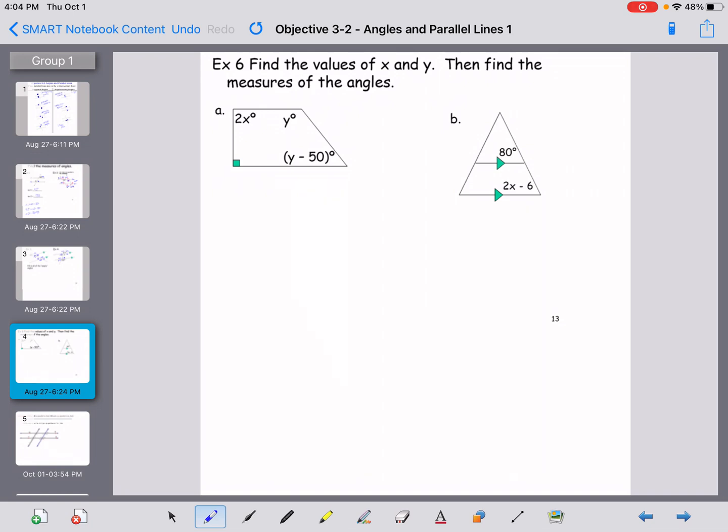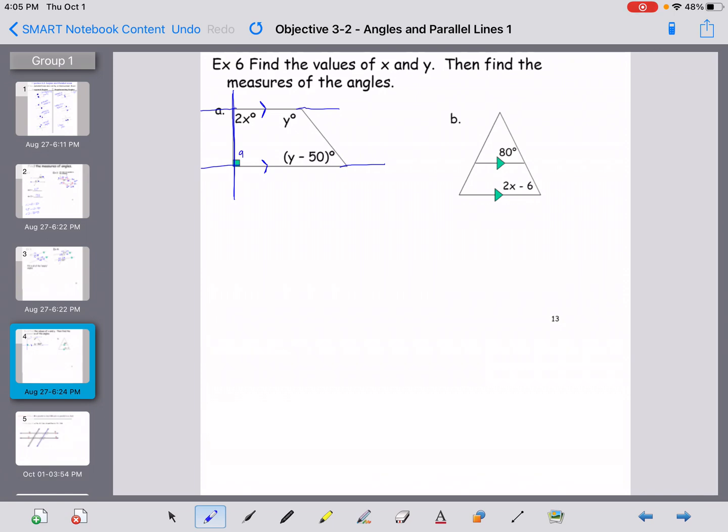Let's throw in some algebra. So first thing you want to know is that these lines are parallel. And if I extended these lines out just a little bit, you can see that I've got a transversal here. So what does that square indicate again?